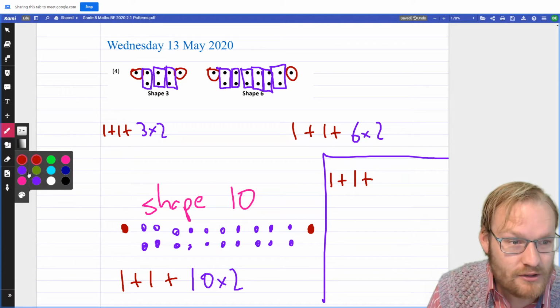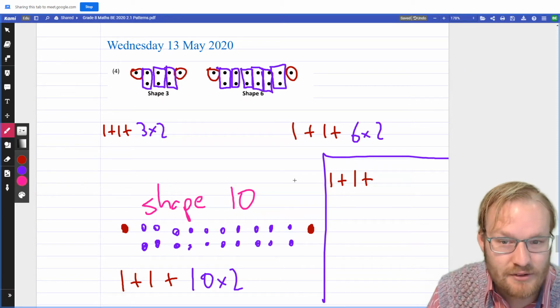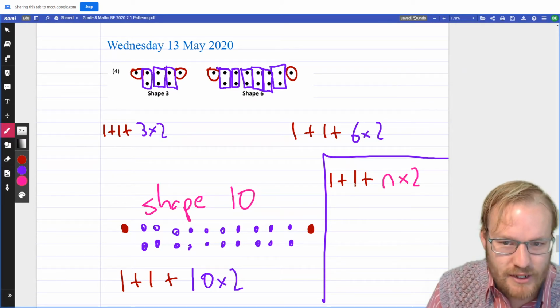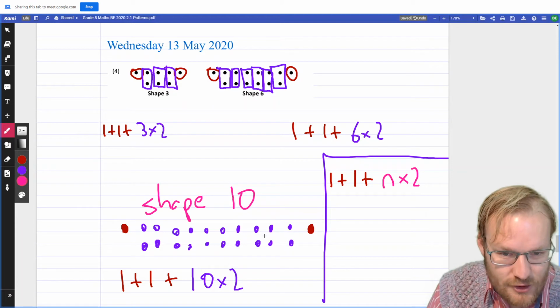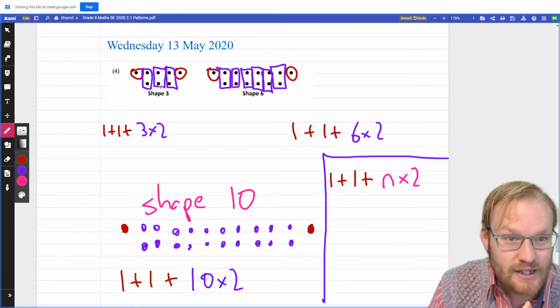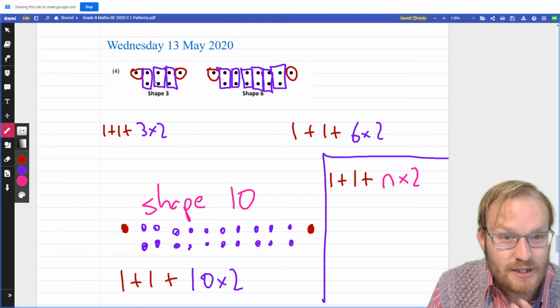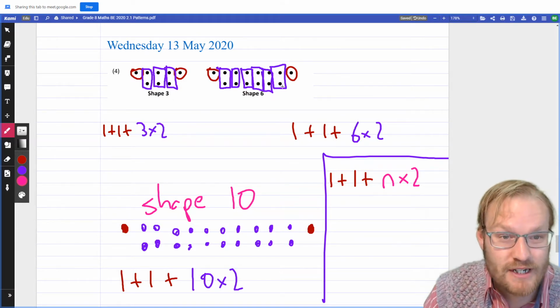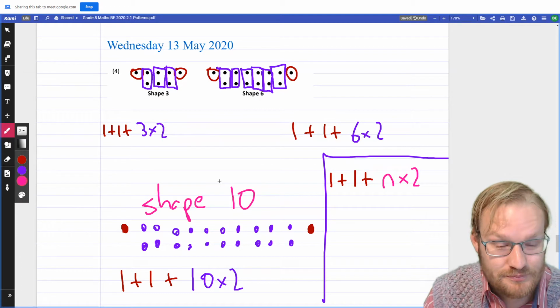So if we're on shape n, then we go n times 2. For shape 10, 1 plus 1, the 2 antenna, plus 10 groups of 2. For shape 3, 1 plus 1, plus 3 groups of 2. And that is how we could deconstruct this in one way.